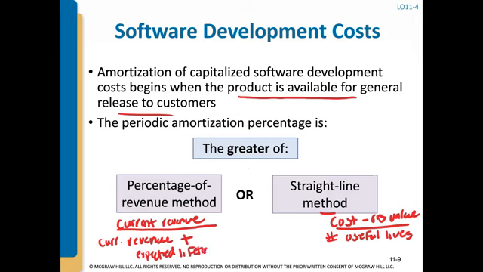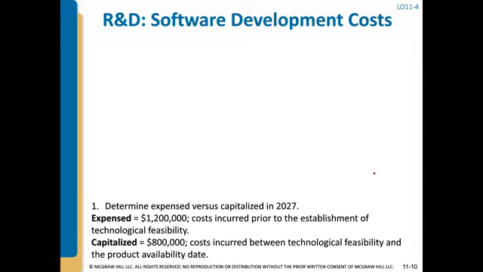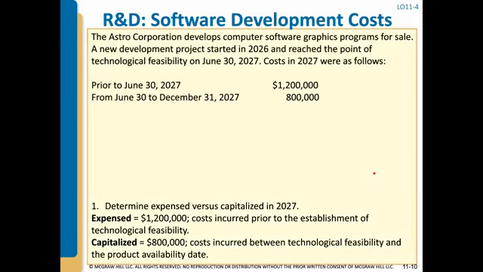That gives you a percentage, and you multiply it times your capitalized cost to get to your amortization expense. Then you compare this amortization expense to the straight line method amortization expense, and you take the greater of the two. So let's go through this example.